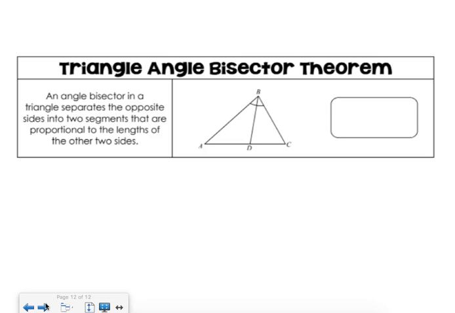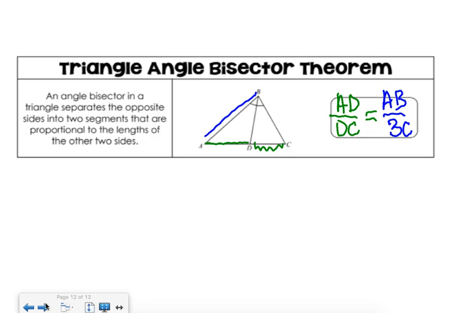So when this happens, it's splitting this side proportionally to the other whole sides. How I like to write it, I'm going to take my parts and put them over each other. So AD over DC. And then I'm going to set it equal to my remaining two sides. Since I started on the left, I have to put the one that's on the left first, AB over BC.